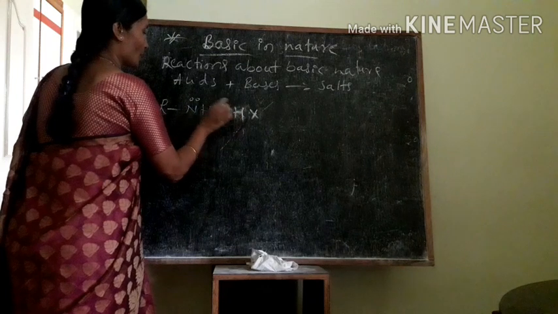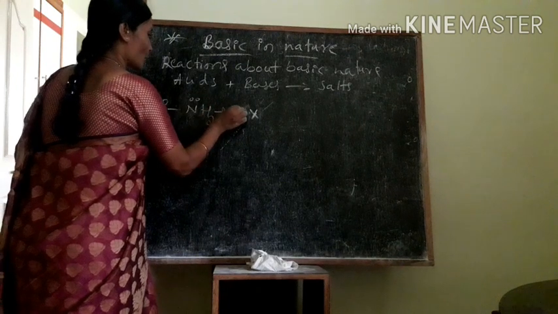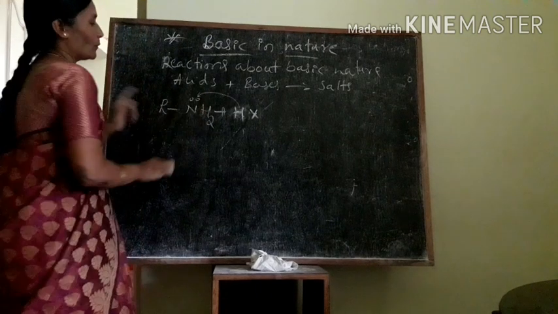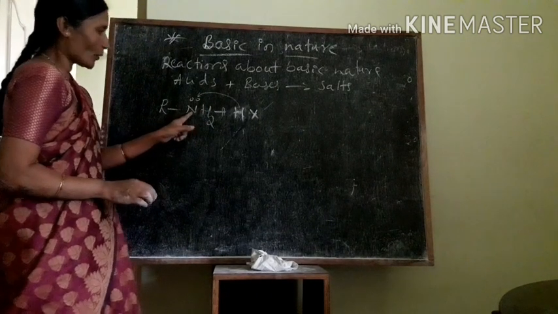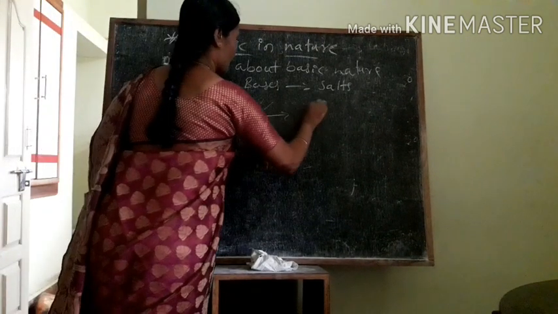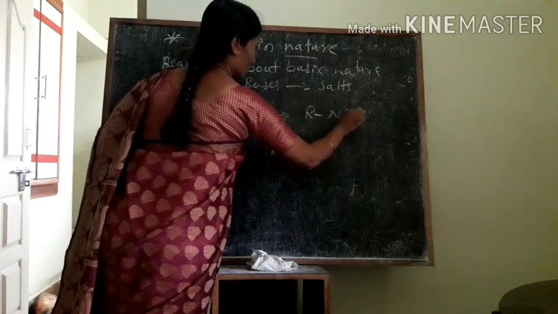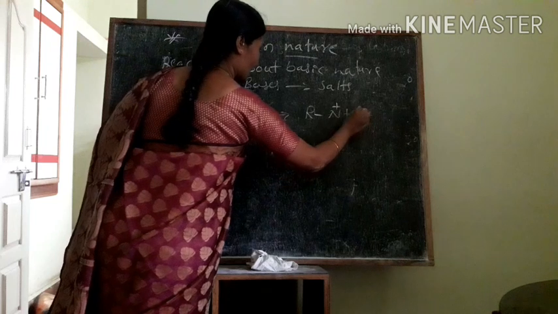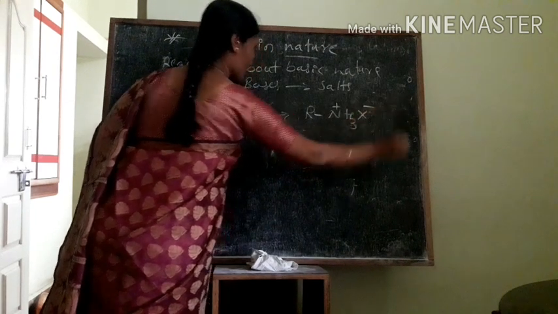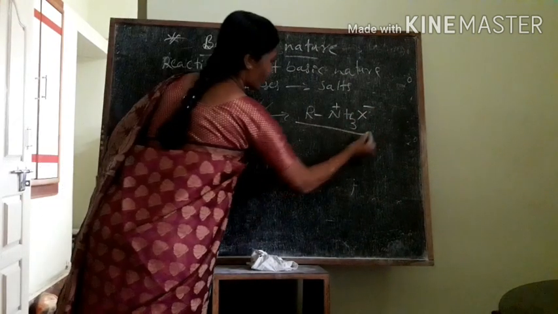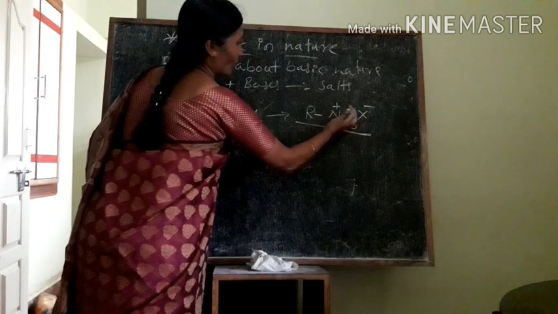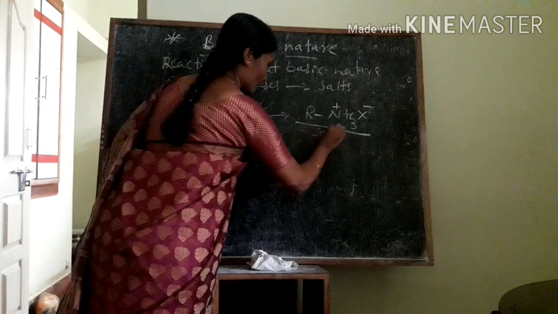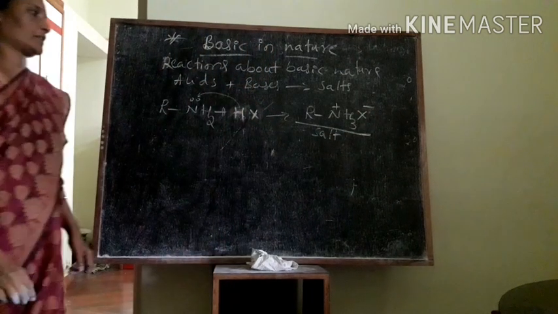This is a proton, which bonds with nitrogen. The nitrogen gives electrons to that proton and becomes RNH3+, and this becomes X-. One part is plus, another part is minus, hence it is said to be an ammonium salt.